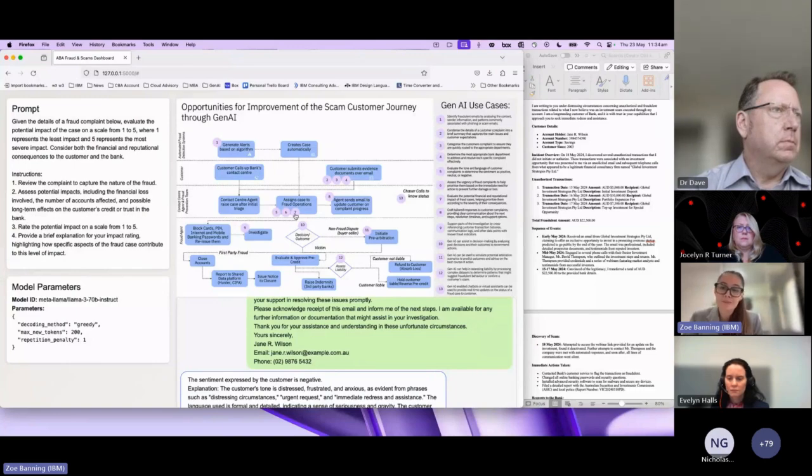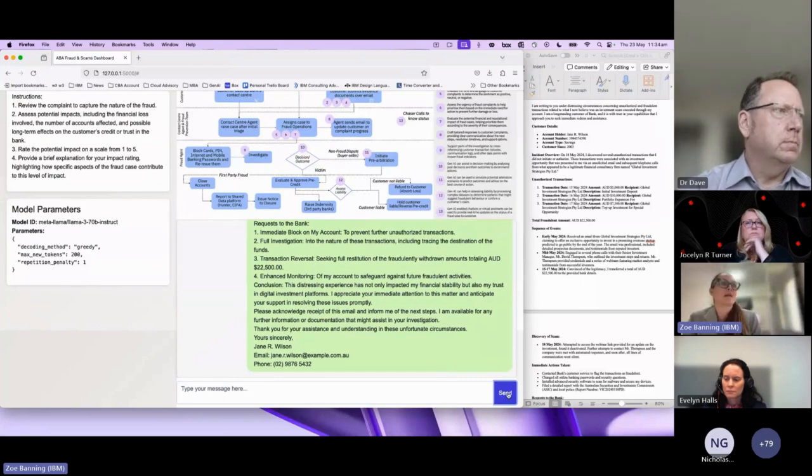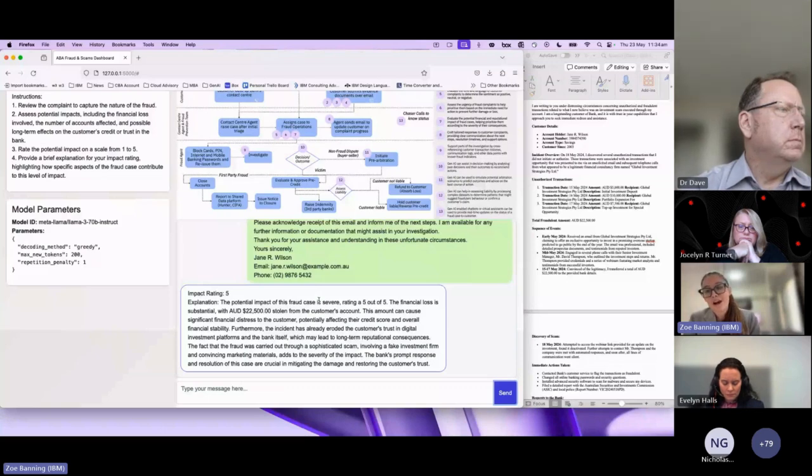This will really help the customer service agent prioritize a complaint based on these insights. So let me go ahead and copy and paste the customer complaint in again, and we'll wait for it to come up with a score. All right, so we've got a rating of 5 out of 5. So it's extremely urgent and needs to be prioritized.